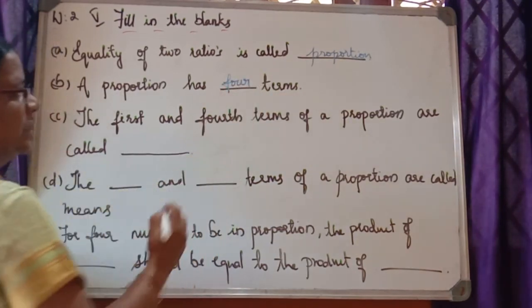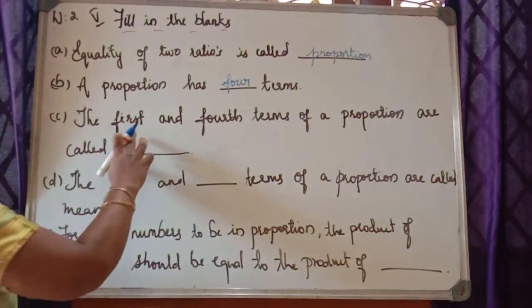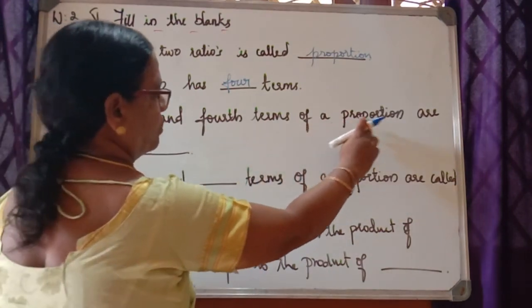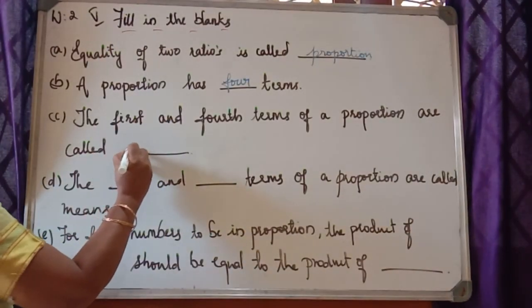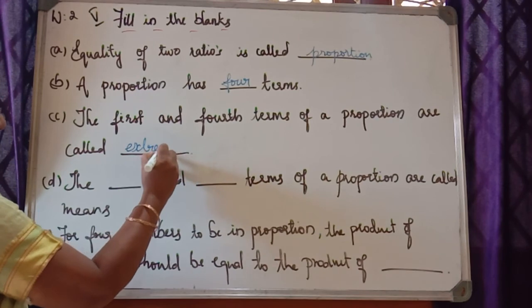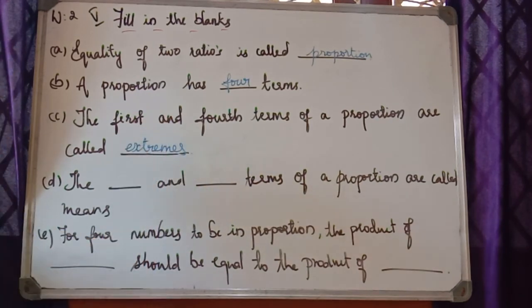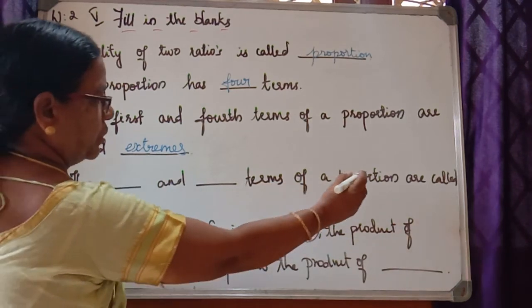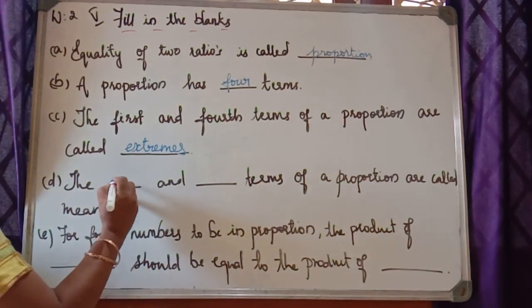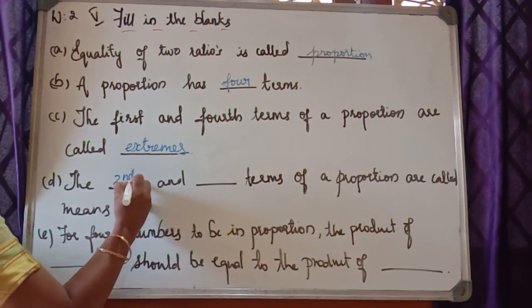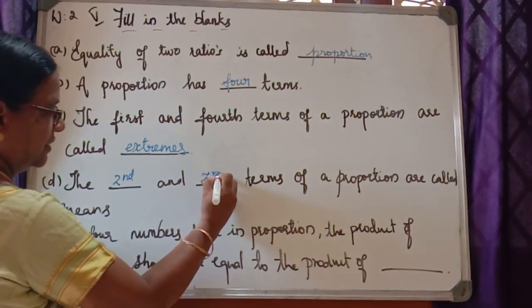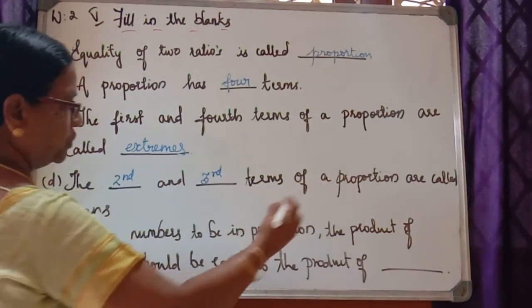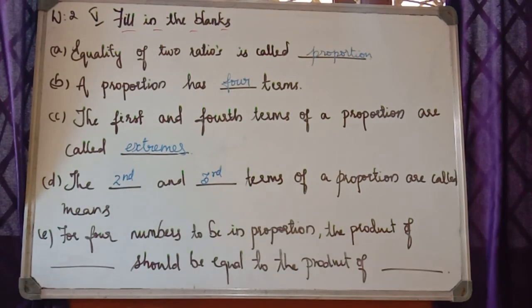The first and 4th terms of your proportion are called extremes. The second and third terms of a proportion are called means.